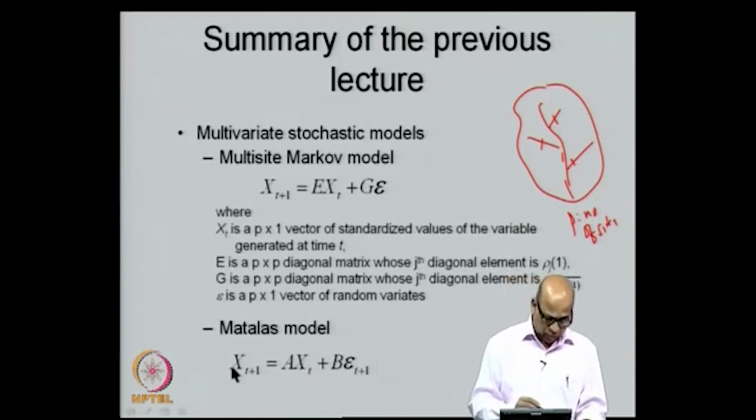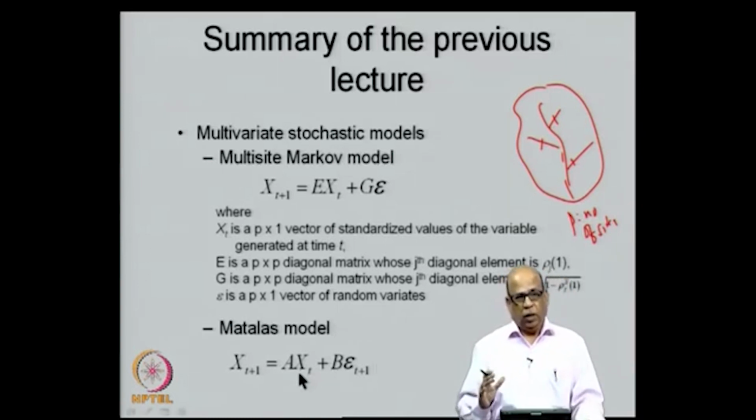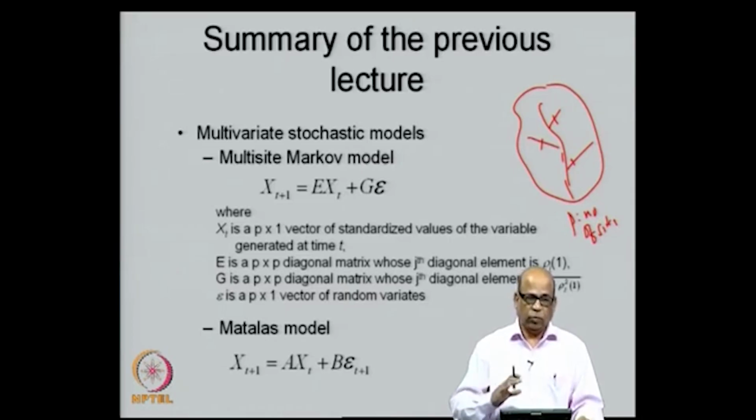So, we are talking about this particular model in the context of simulating or synthetically generating flows at several sites simultaneously. And these kind of models are typically used for large time intervals. Let us say seasonal flows or the annual flows, etc., which are essentially useful for planning purposes.